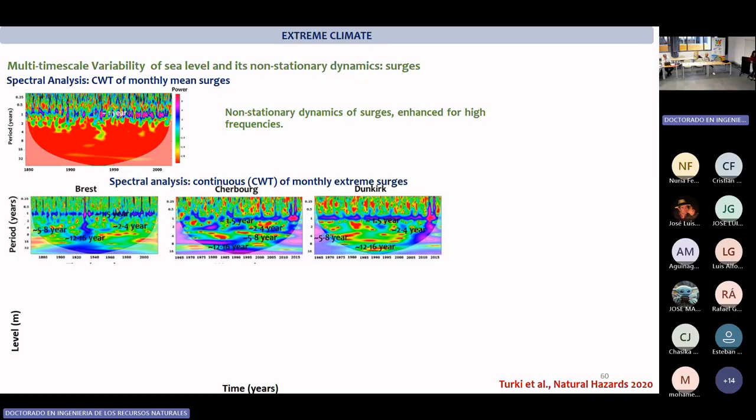I explain just one example, and we see different cyclicities: at annual scales we have a lot of variability, others at interannual scales between 2, 4, 5, 8 years, and others at decadal scales, more than 10 years.